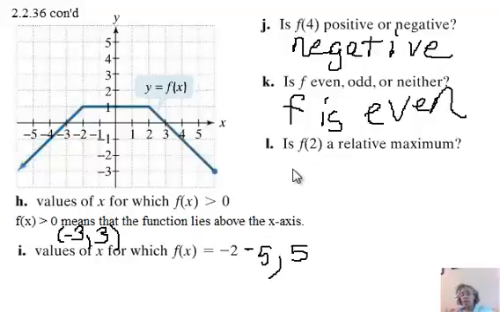And then let's look at this last one. Is f of 2 a relative maximum? And the answer to that is no, because if it were a relative maximum, there would be, even if it was just a tiny neighborhood, there would be a region that we could surround x equal to 2 with, and all y values in that region, corresponding to the points in that region, would be smaller than f of 2.